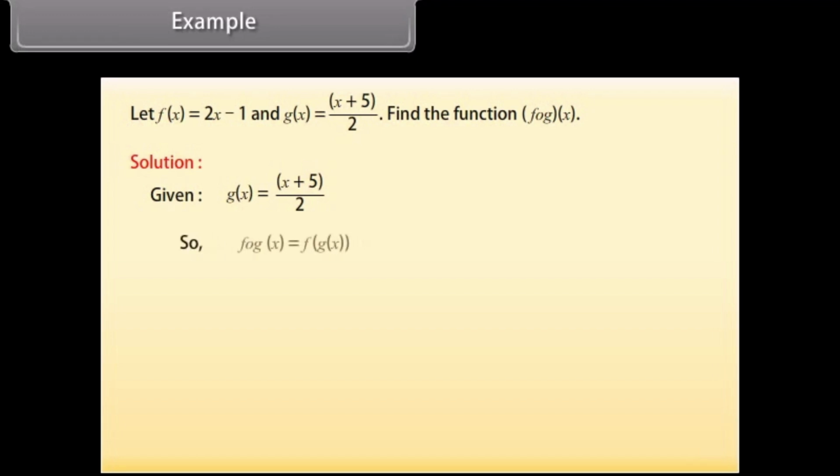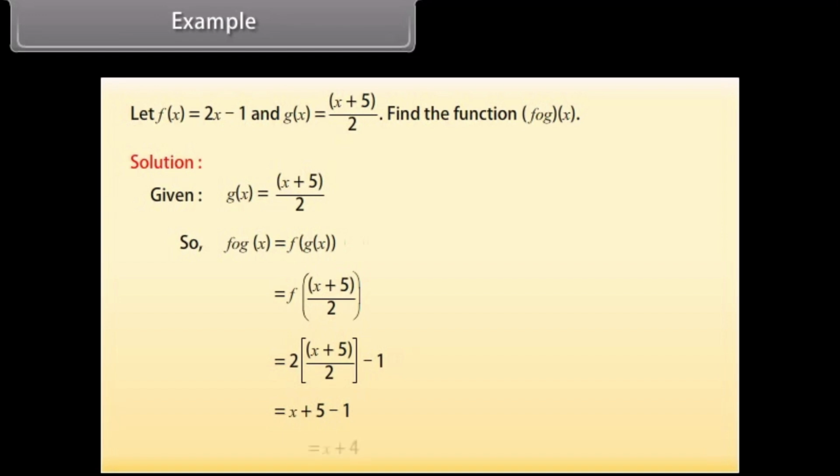So, f of g(x) is equal to f of (x plus 5) by 2, which is equal to 2 into (x plus 5) by 2 minus 1, which is equal to x plus 5 minus 1, which is equal to x plus 4.